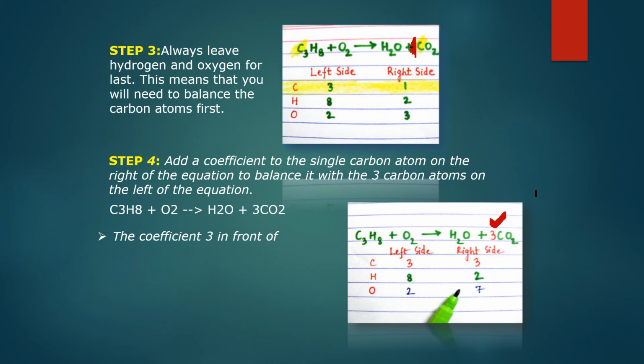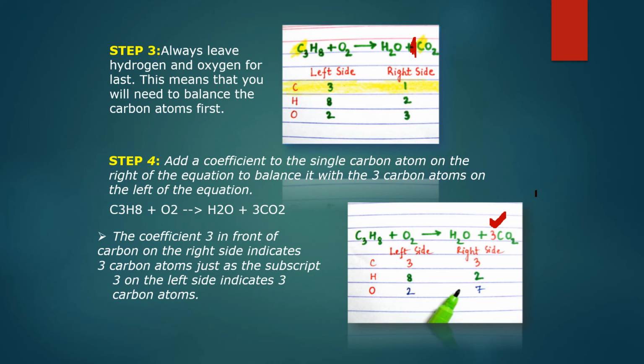This is the coefficient. When we write this number 3, it balances the carbon atoms on both sides.